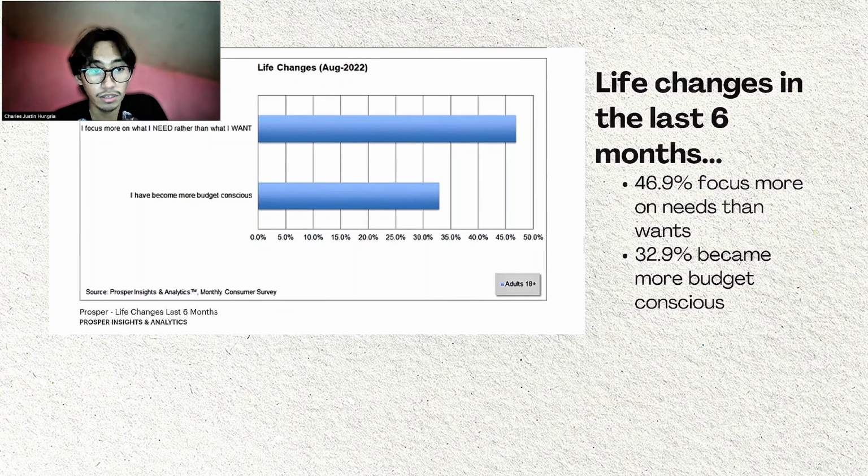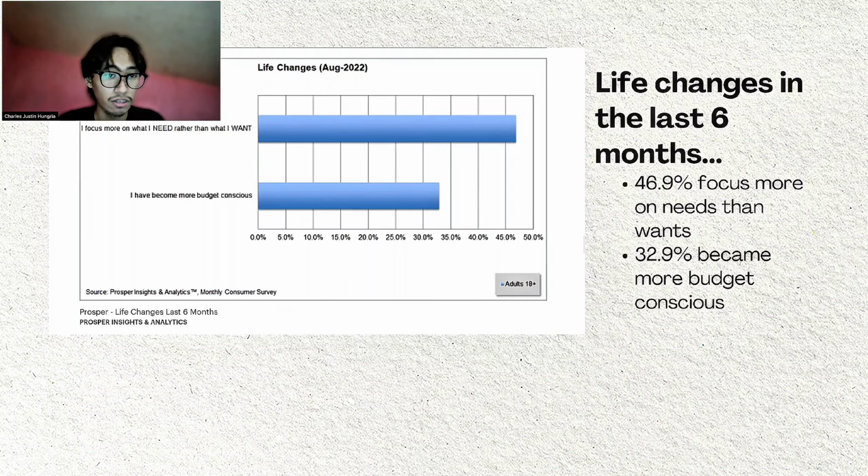So the second graph in the article is titled Prosper Life Changes Last 6 Months. The graph showed that about 46.9% of adults focus more on needs rather than wants. Around 32.9% became more budget conscious. Discussion of the graph.